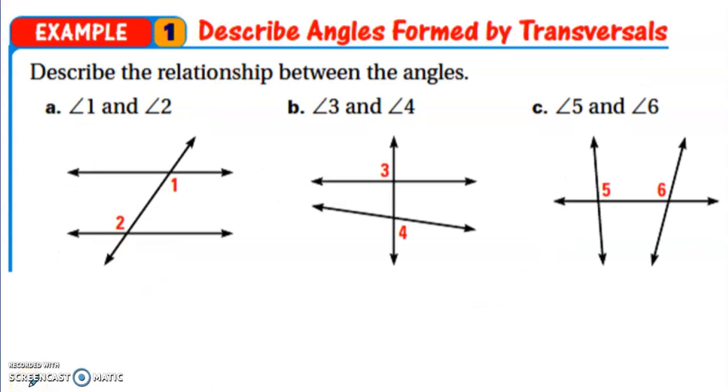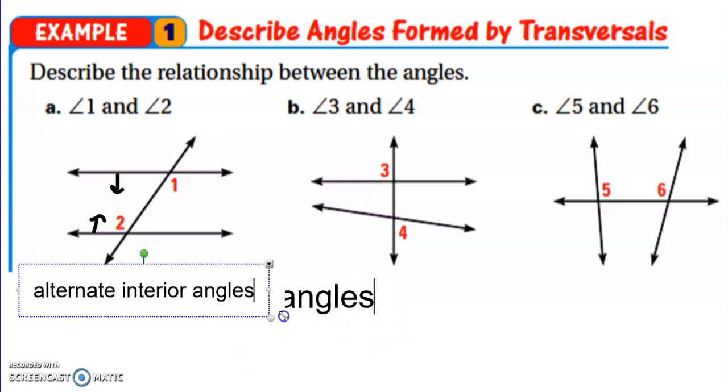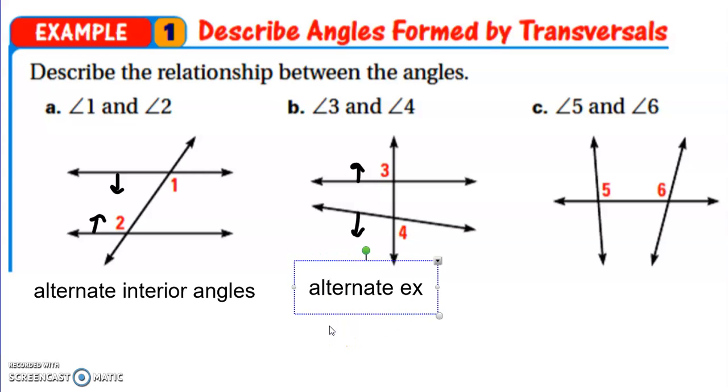So describe the relationship between the angles. These are inside angles, and they're on opposite sides of the transversal. Okay, so they're alternate interior angles. Okay, angle 3 and angle 4 are on the outside of my two lines, and they're on opposite sides of the transversal, which means that they are alternate exterior angles.